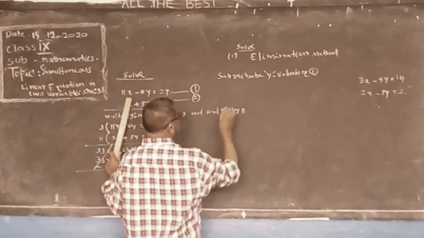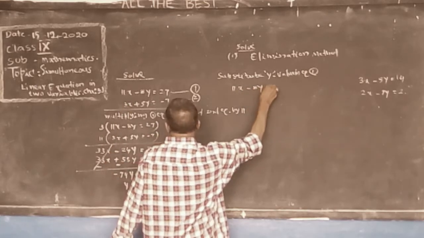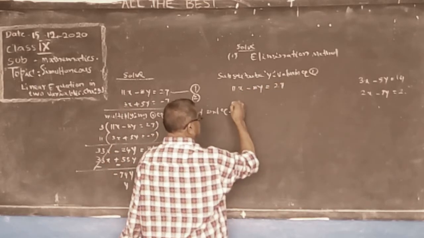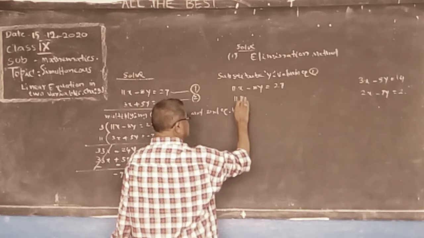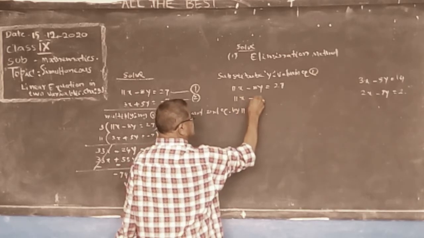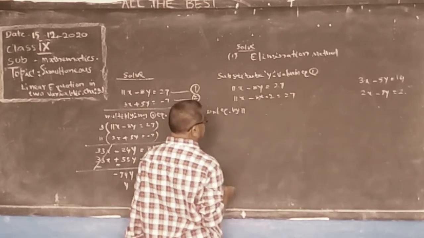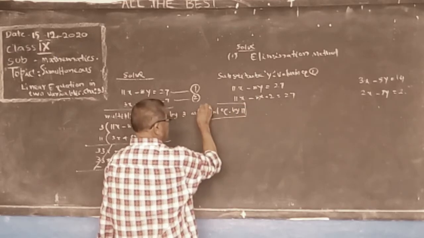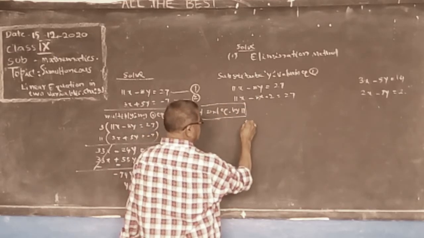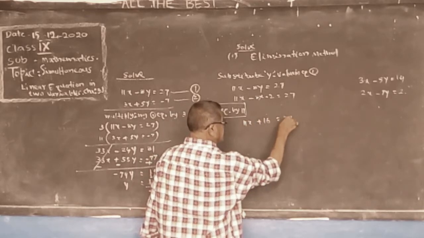What is equation 1? 11x minus 8y is equal to 27. 11x minus 8 times minus 2 is equal to 27. Now 11x plus 16 is equal to 27.